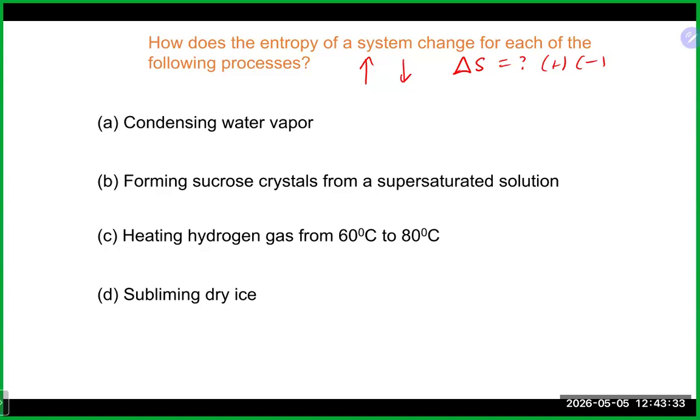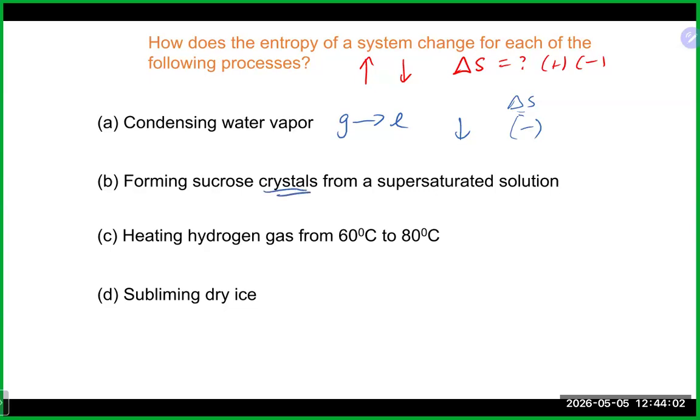All right, so let's take a look here. So condensing water vapor. Condensation means we're going from gas to liquid, I hope. And obviously we're going from a more disordered state, in the gas state as things are flying around, to a more ordered state in the liquid. And that should decrease our entropy and make our delta S more negative in this case. Forming a sucrose crystal from a supersaturated solution.